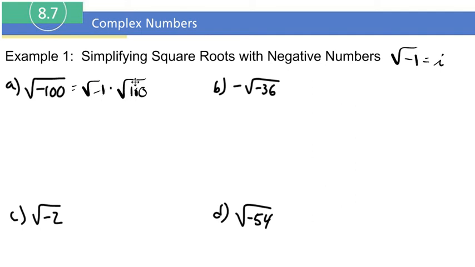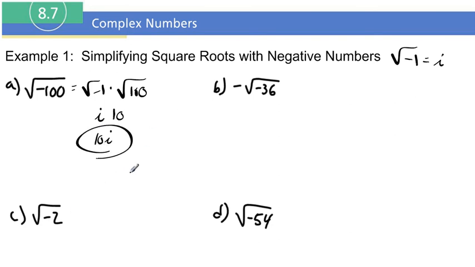If you multiply negative 1 times 100, you get negative 100. So the square root of negative 1, like we just said, is i, and the square root of 100 is 10. But we don't want to write it as i10. We want to write the coefficient first, so we say 10i, and that's that.